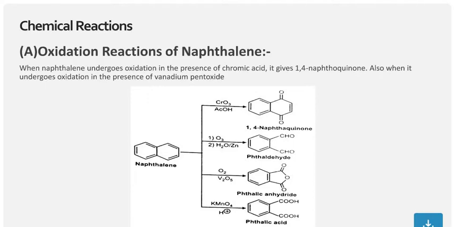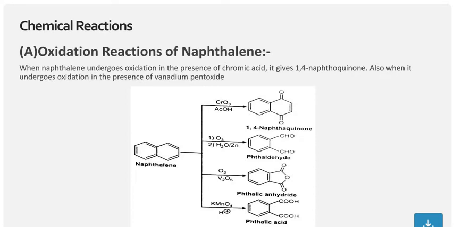So, first is the oxidation reaction of naphthalene. When naphthalene undergoes oxidation in the presence of chromic acid, it gives 1,4-naphthaquinone. Also, it undergoes oxidation in the presence of vanadium pentoxide. Look at the reaction scheme and reactions of naphthalene. There are 4 reactions here.